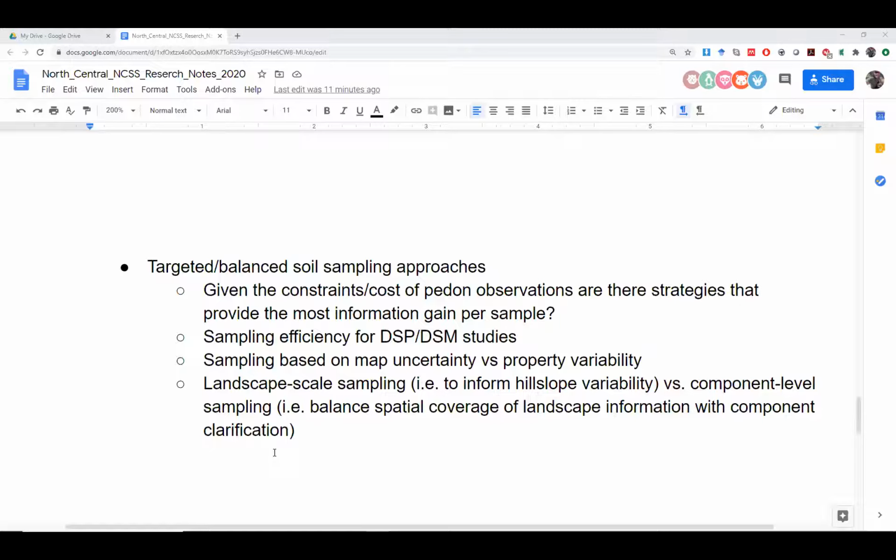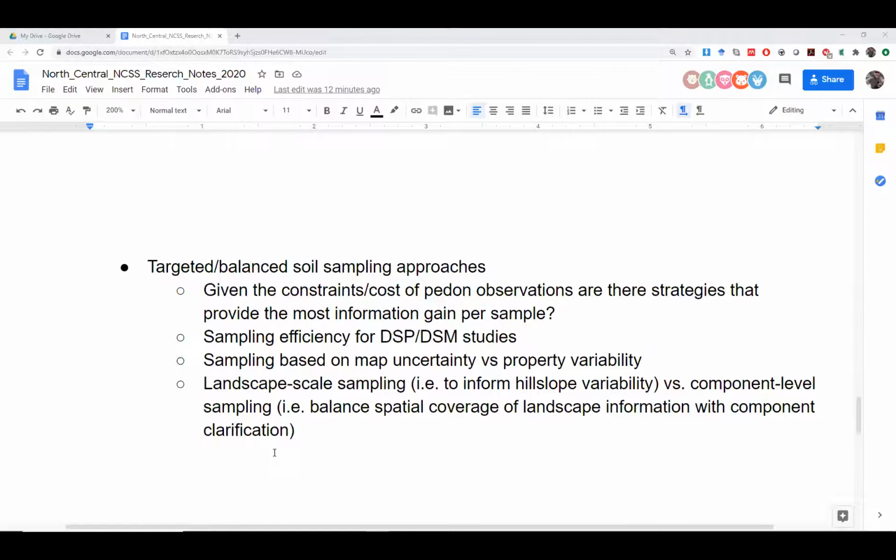So could we get a dynamic soil property project that also informs a digital soil mapping project within the same sampling area? And that came about from a conversation on sampling based on map uncertainty versus soil property variability. Which one is the most viable approach for either map development and map validation versus knowledge gain in terms of learning about how dynamic soil properties change?